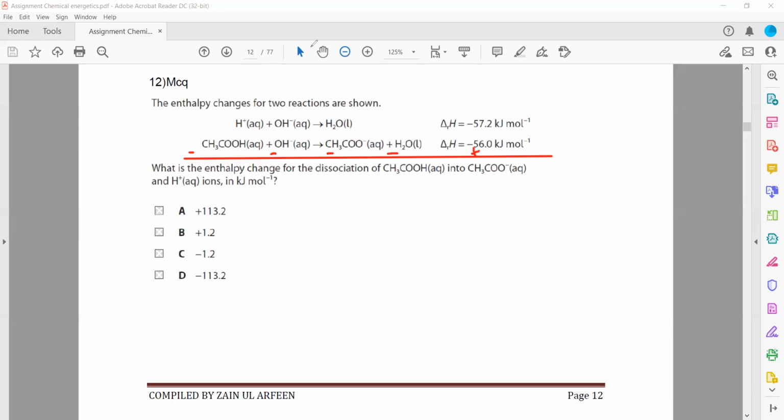So this OH will cancel with OH, and this H2O will cancel with H2O. What we are left with is H plus, then minus CH3COOH gives minus CH3COO minus.